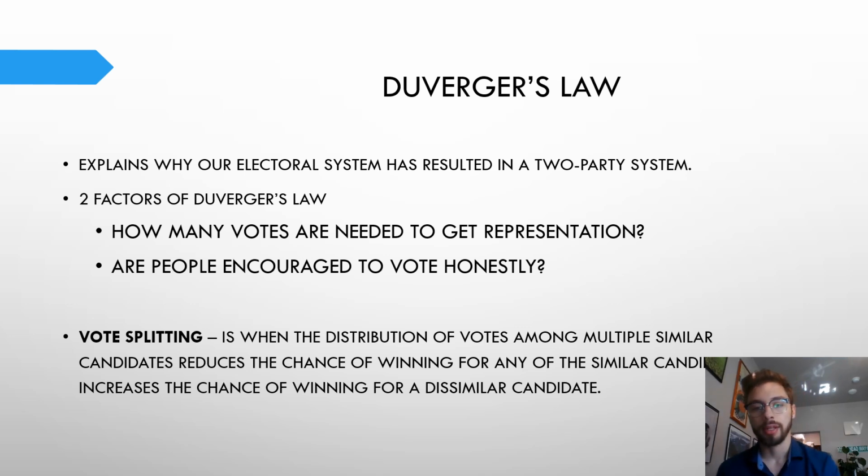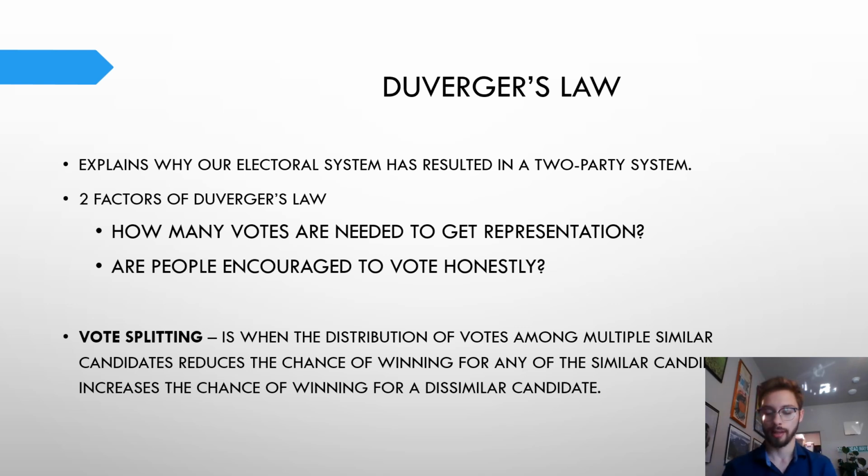So we see within our electoral system, if we only required 5% to get representation, if we allowed 2 members of this election to get representation on some level, we would possibly see more honest voting. But due to this, we would see more candidates as well. But due to the fact that we need about 30 to 50%, we tend to see voting that focuses on strategy of getting their candidate to win over the dissimilar candidate.